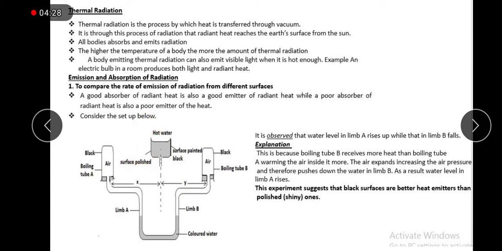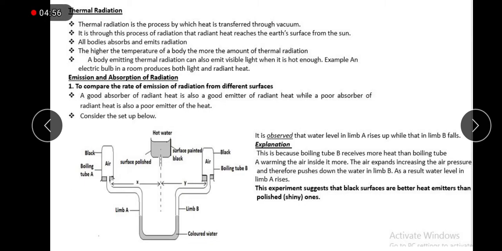Now, I want us to look at the observation that we make from this setup. It is observed that water in limb A rises up while that in limb B falls. Water in this limb will go up, and in this limb it will move down.